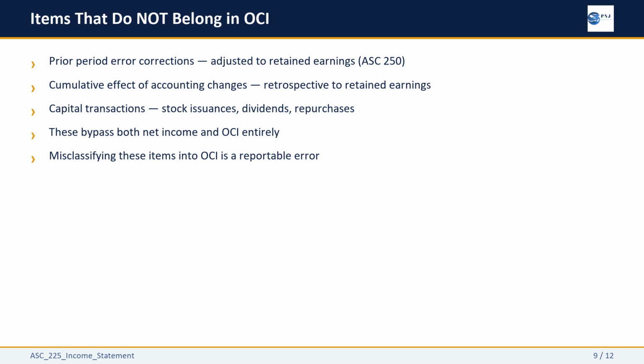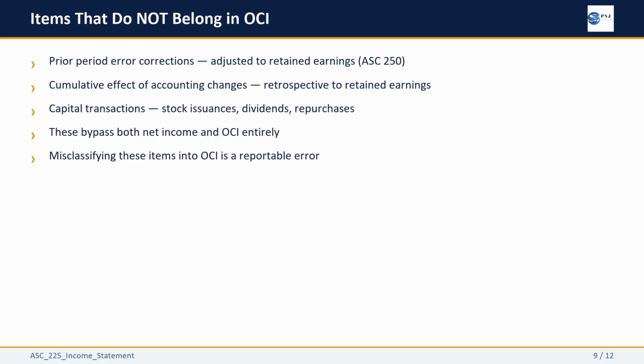Knowing what belongs in OCI is only half the picture. You also need to know what does not. Prior period error corrections are restated directly to retained earnings with no income statement effect at all, under ASC 250. Most accounting policy changes under ASC 250 are also handled retrospectively, adjusting retained earnings rather than flowing through any income measure.